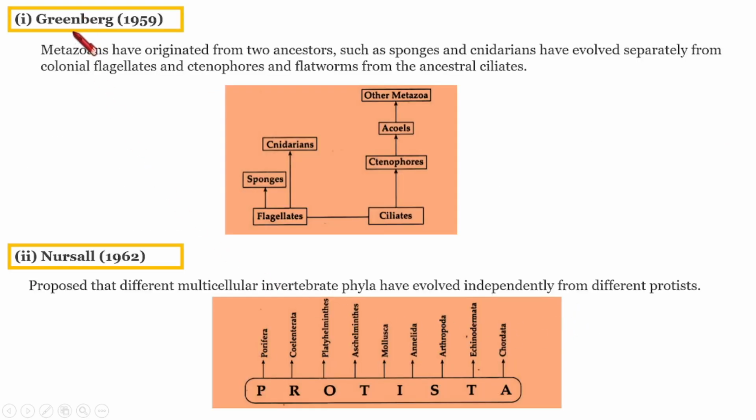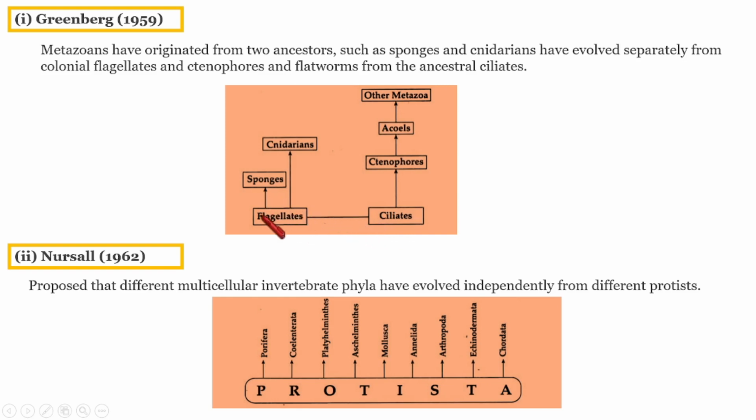First is Greenberg. He gave this hypothesis in 1959. According to him, these metazoans have originated from two ancestors, not from a single one. Which are those ancestors? They are flagellates and ciliates.